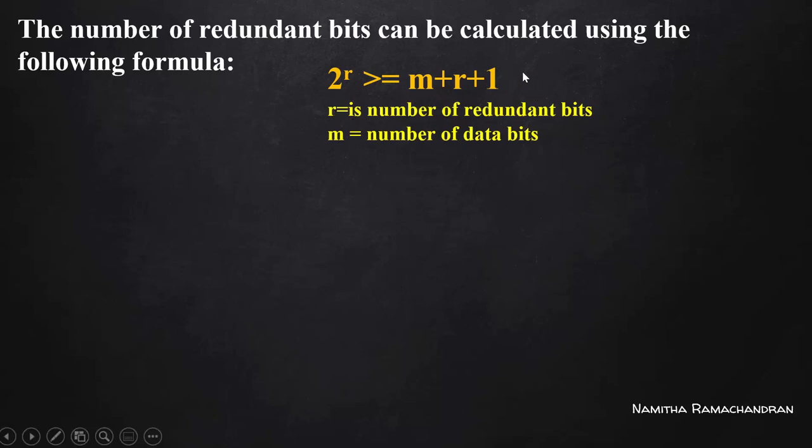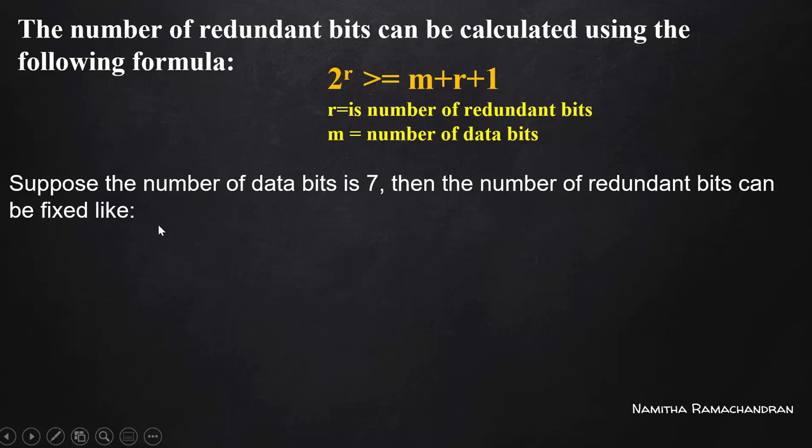So keep this formula in your mind. Using this, we need to fix the value of r. Thus, r indicates the number of redundant bits needed for transmitting data that contains m data bits.